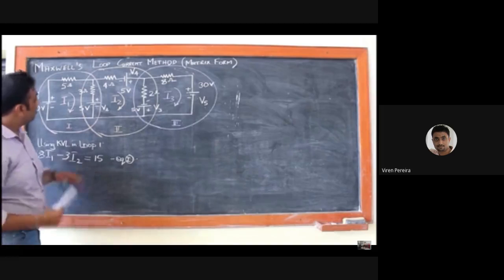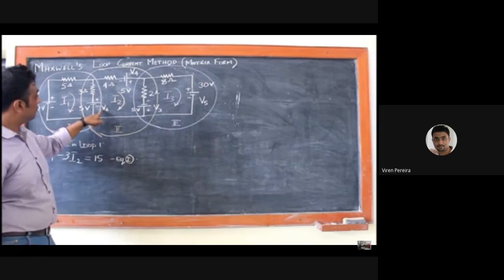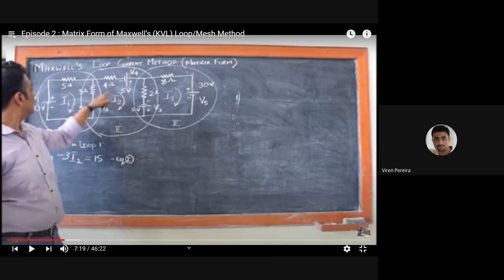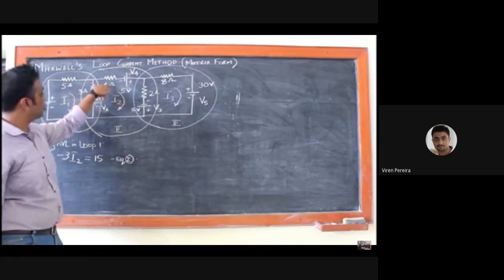Now in the same way how we did for loop 1, we will do for loop 2. Now in loop 2, how many voltage sources do we have? We have V2, we have V4 and we have V3. And we have 3 ohms, 4 ohms and 2 ohms.